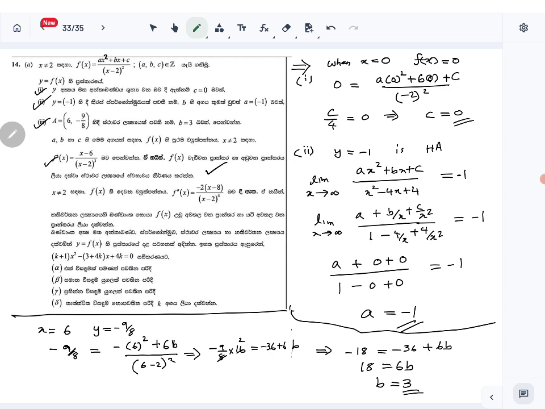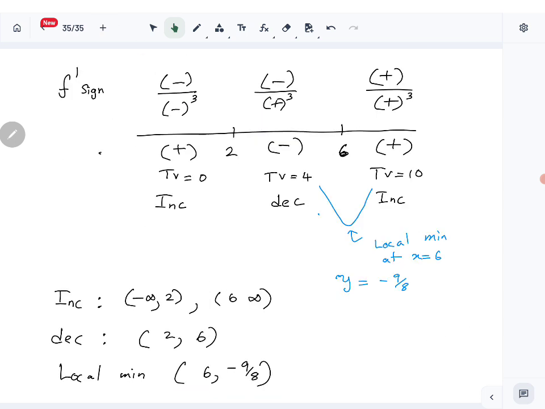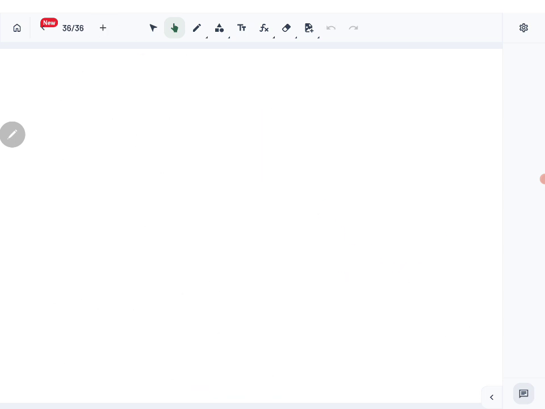Then what are they saying? The second derivative is given to us. This is the second derivative. Then using that, find the inflection point coordinates and concave up and down intervals. Right, so we'll do that. What is the second derivative? f double dash is equal to what?